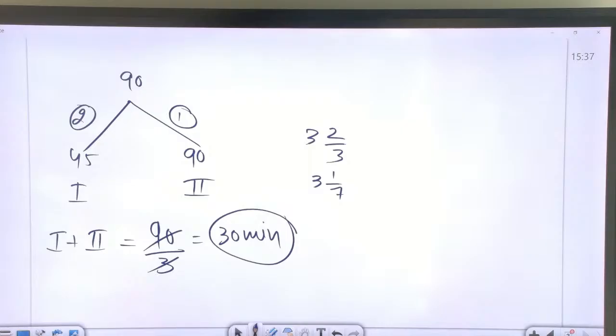If A, B, C and D do the work together, how long will it take for them to finish half of the work?